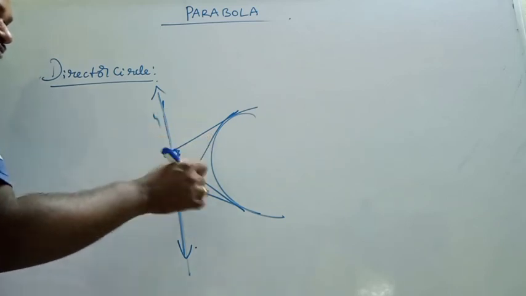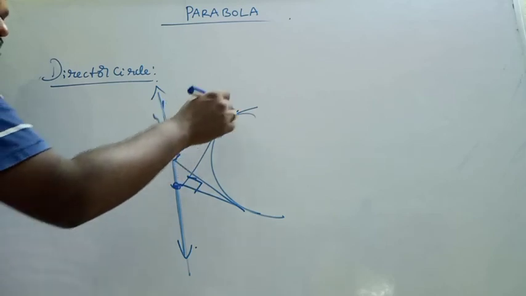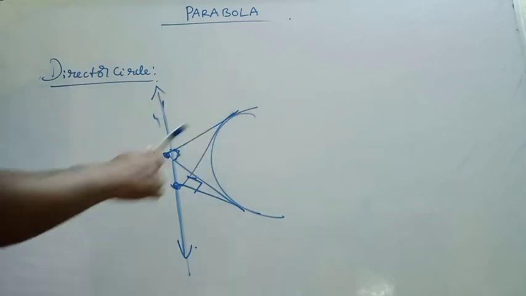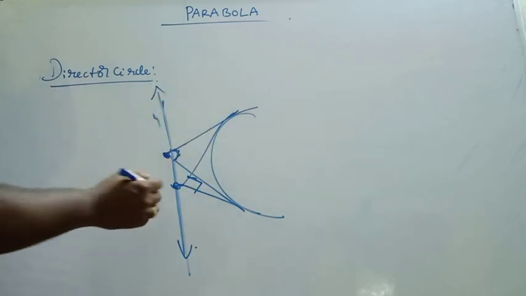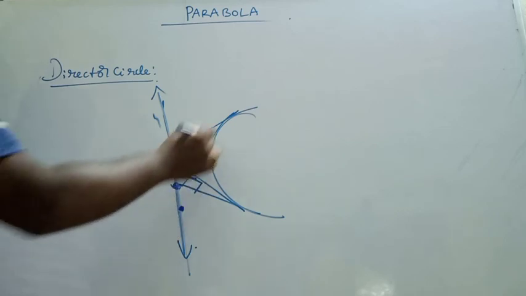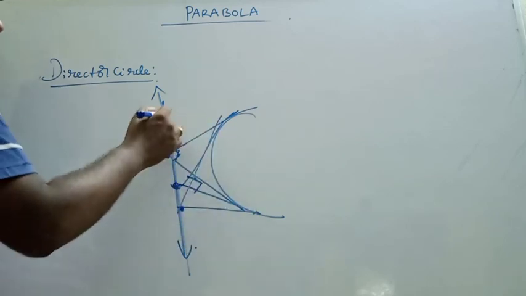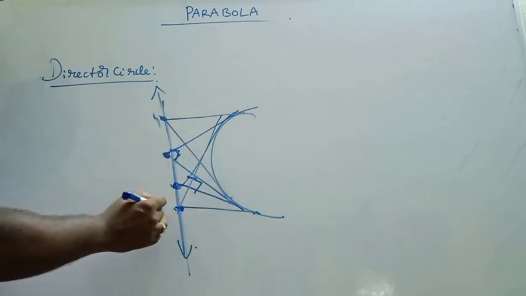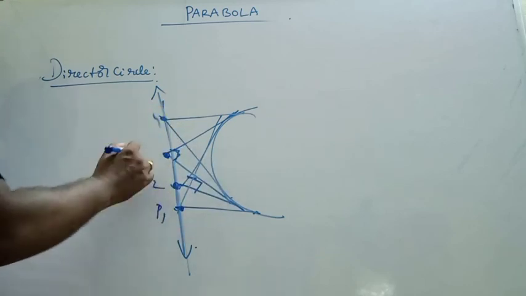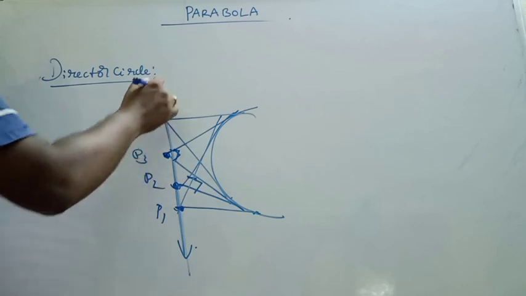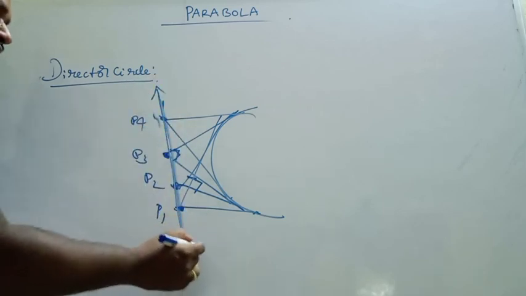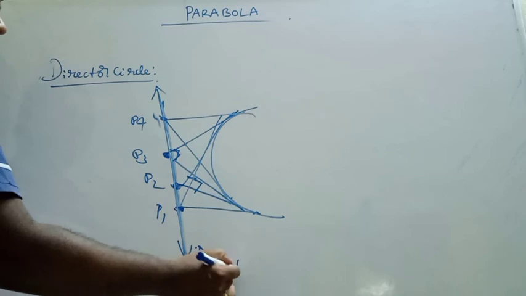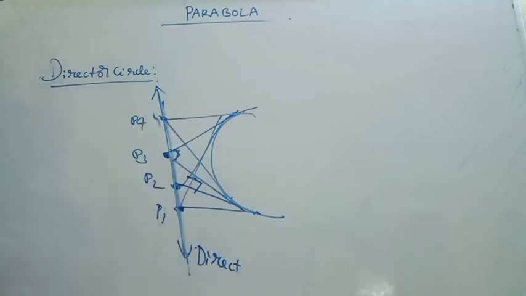These are all something like P1, P2, P3, P4. You will get a line, and this is what you call the directrix of this parabola.